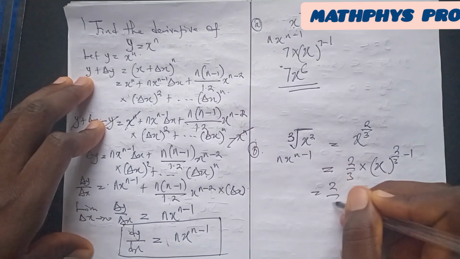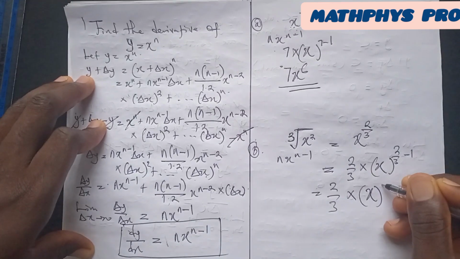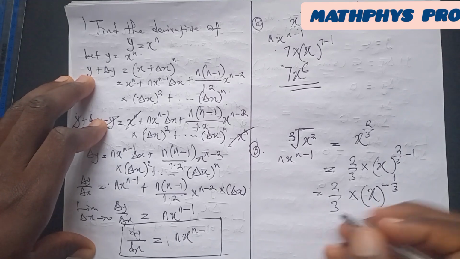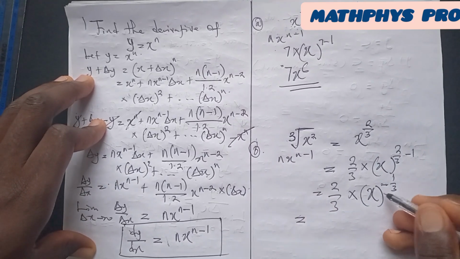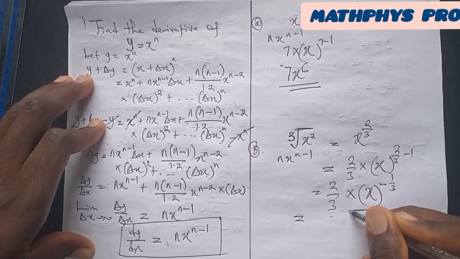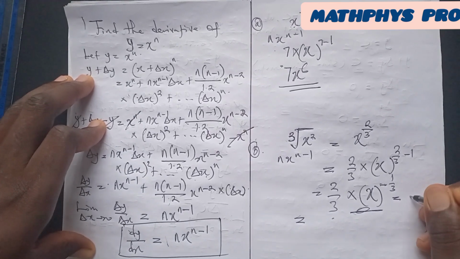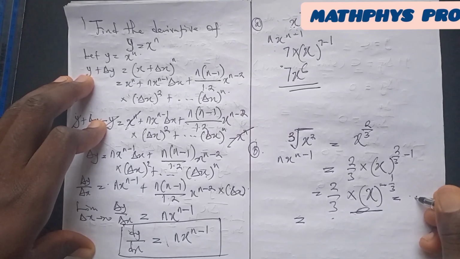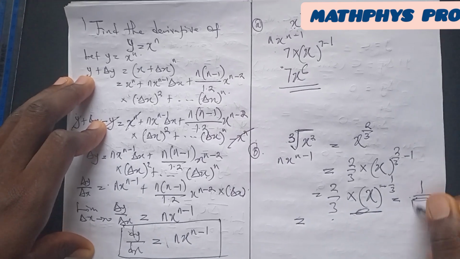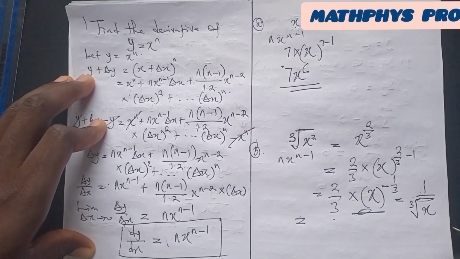So we are left with 2 over 3 times x raised to the power minus 1 over 3. This is still the same thing as 1 over the cube root of x.